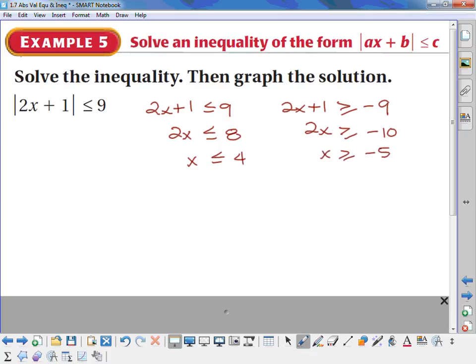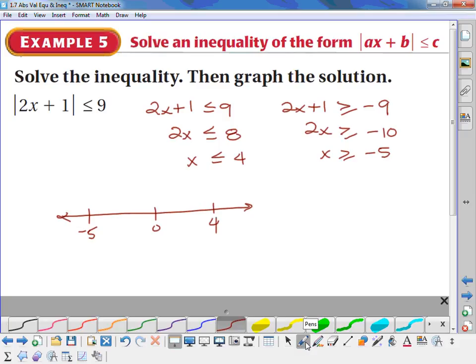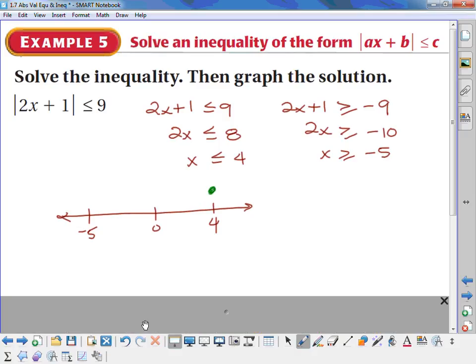So now if I look at my graph for that one, okay, so if I graph just x is less than or equal to 4. Okay, so this time, can it equal exactly 4? Yes, it can. So I'm going to have a closed circle on the 4. And if it's less than, it's going to be going to the left.